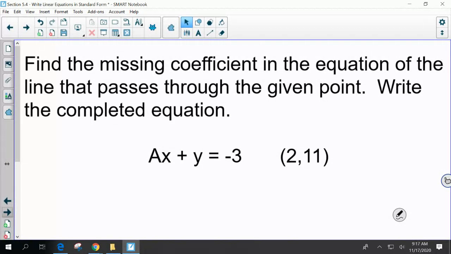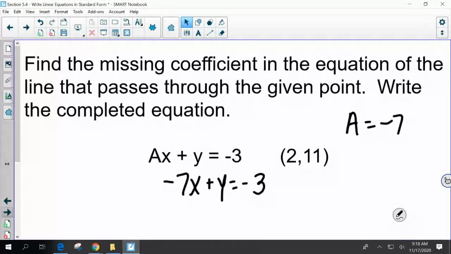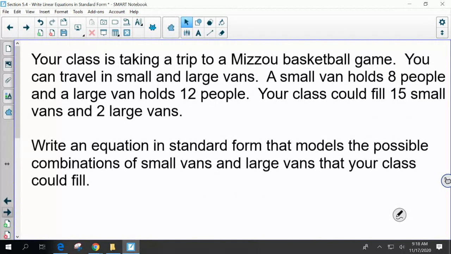Everybody get it? Okay, so first of all, what did you get for A? -7. So then my equation would be -7x plus y equals -3. Good? Okay, so let's look at the last question.